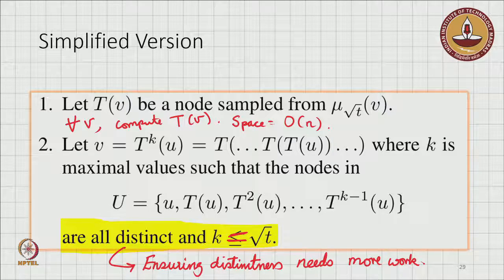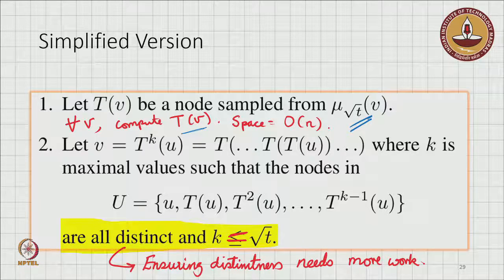What we're going to do is run this algorithm for square root of t passes. For every vertex v, we're going to compute tv. What is tv? tv is a node sampled from mu subscript square root of t of v.